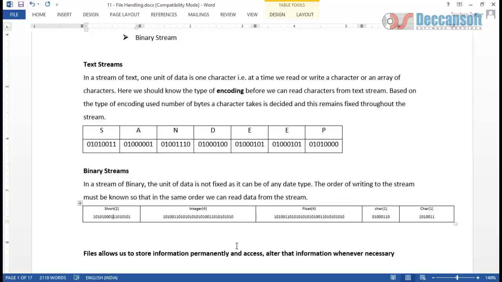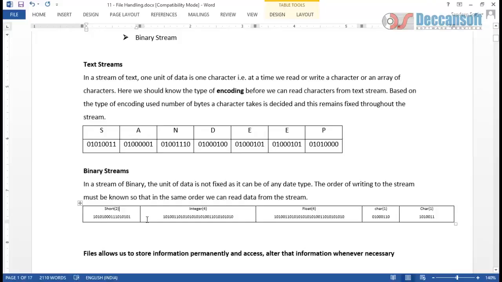Based on what we have stored, in that format only we are supposed to read it back and interpret it. Why so? As I told you earlier, the stream by itself does not contain any kind of delimiters. It is we who should know where the unit of data ends and where the next unit of data begins. So unless you know the format of the file, you cannot read the file content in a binary file.